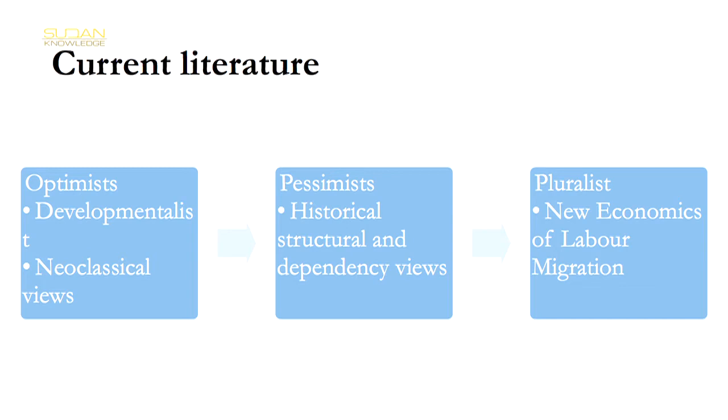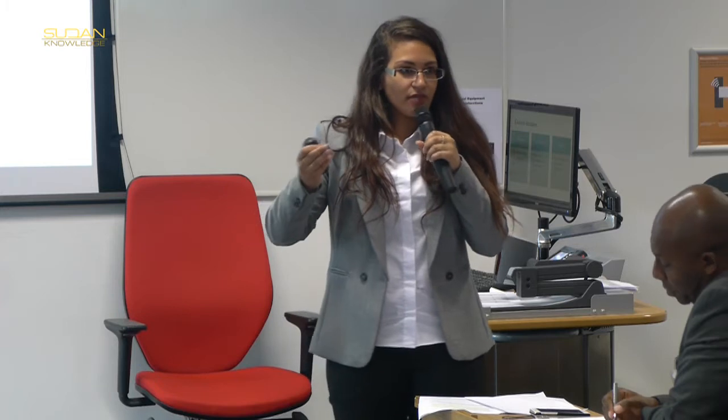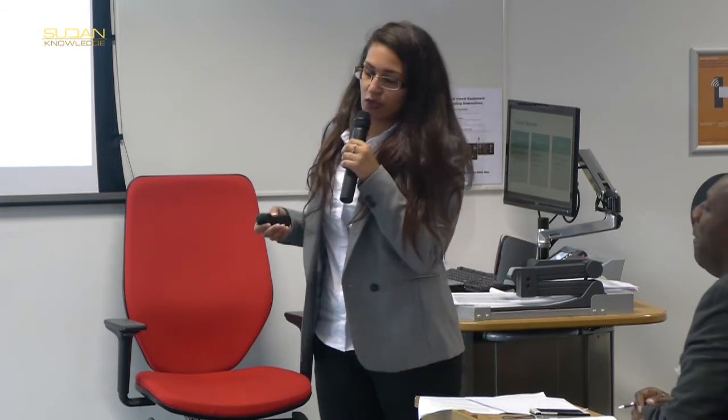As a result, if you have the wealthier people migrating abroad, that's going to widen the inequality between the rich and the poor in society. And another factor is that pessimists think that migration results in brain drain. I'm sure you've heard of that term, which is basically the loss of the relatively educated people in society who are able to seek better opportunities abroad.